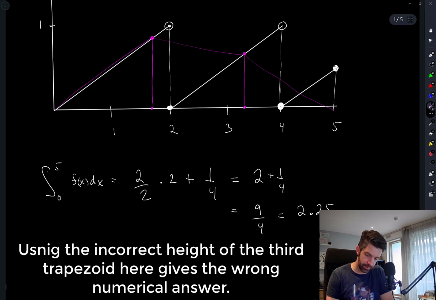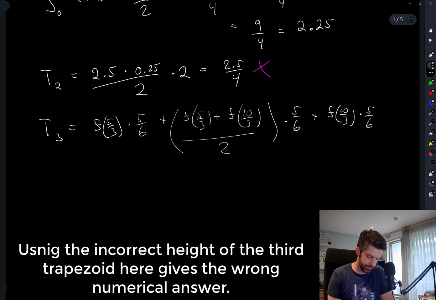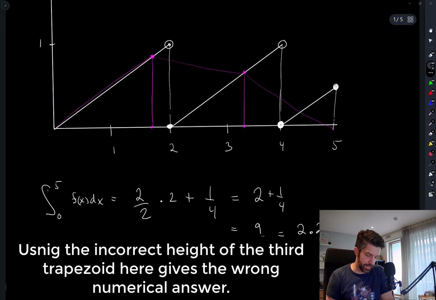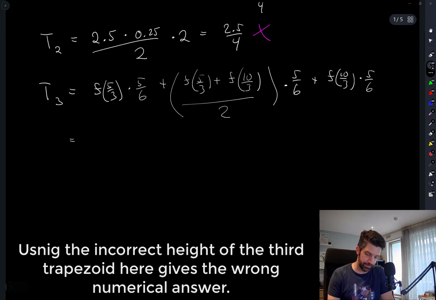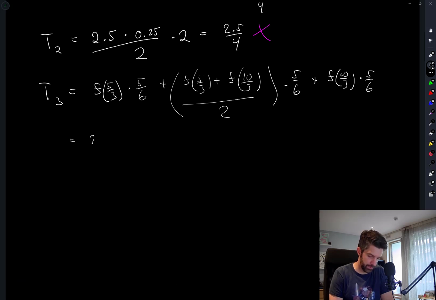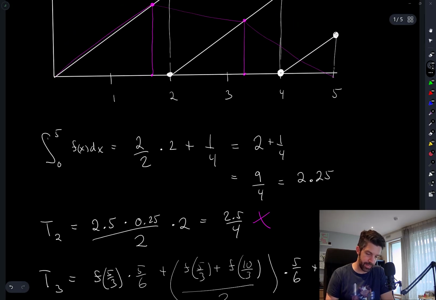So let's figure out what that number is. f of 5 over 3 is, well, that'll just be 5 over 6, right? So here we have 25 over 36 plus, okay, f of 5 over 3 is 5 over 6 plus f of 10 over 3.